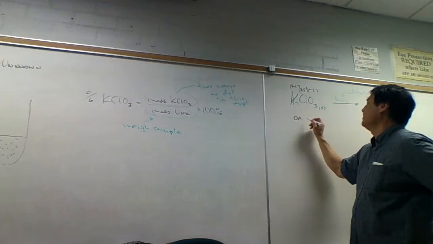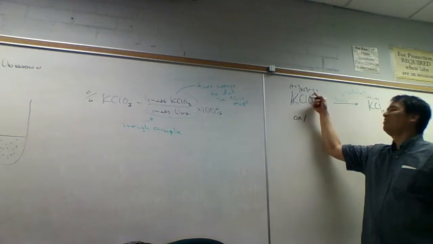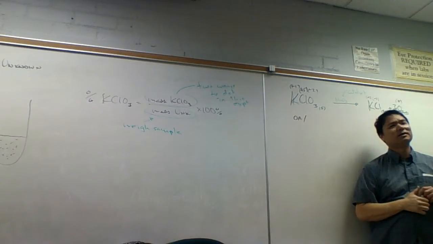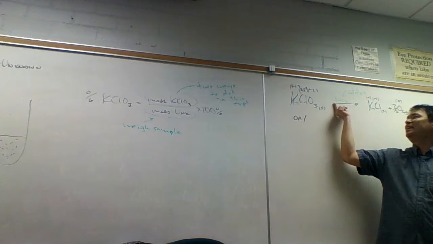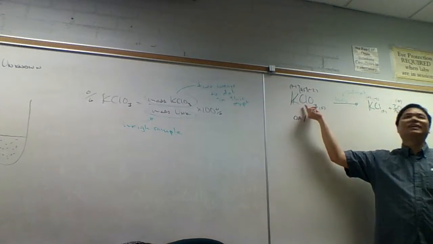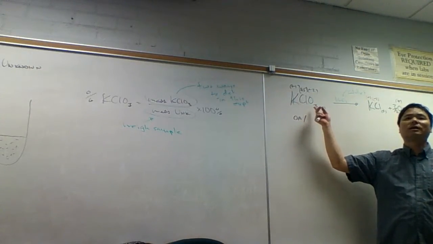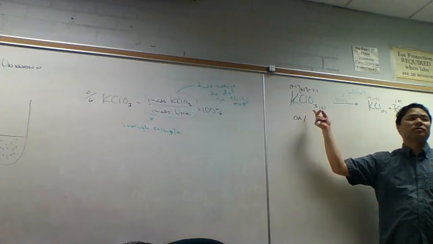It turns out, remember I kept saying that oxygen's happy, right? Oxygen's happy as is. But in this particular reaction, if we heat it up, maybe, that chlorine is very unhappy. And so that chlorine attacks the oxygen, which is bonded to it, takes the electrons from it.